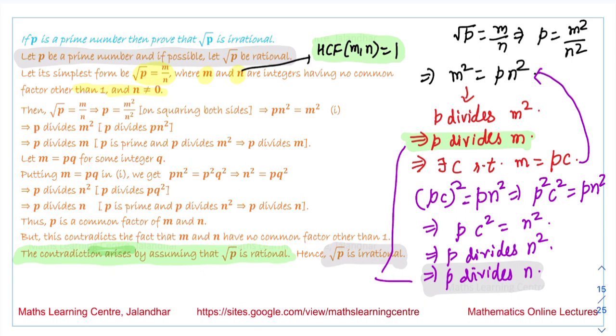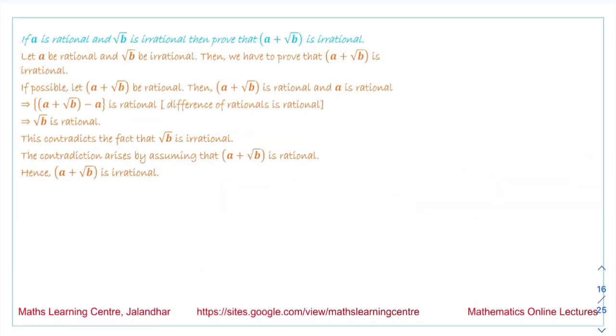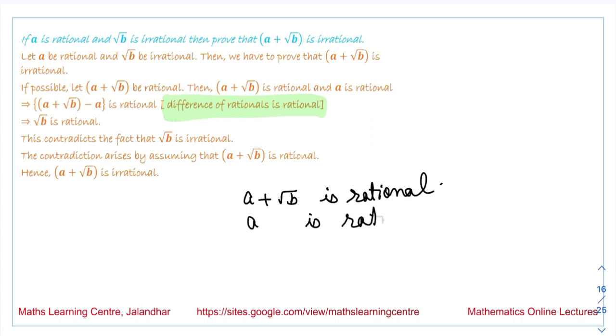Now next is, if a is rational and square root b is irrational, prove that a plus square root b is irrational. Now to prove this result, we recall the result that we have studied in our previous class, that difference of rational numbers is a rational number. So suppose we are saying that a plus square root b is rational. We have a is rational.